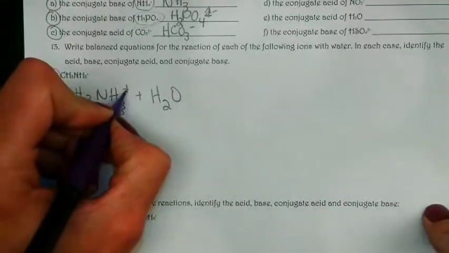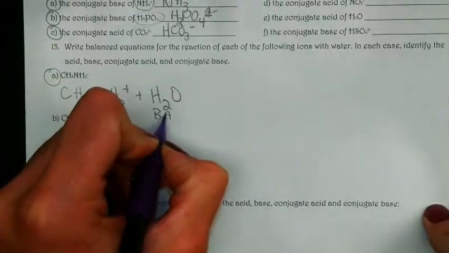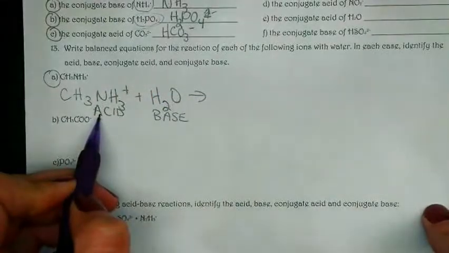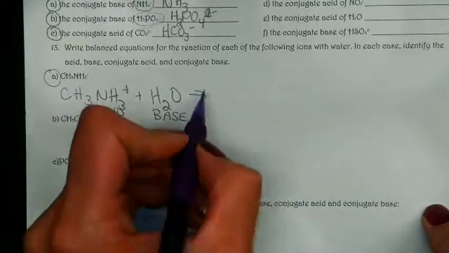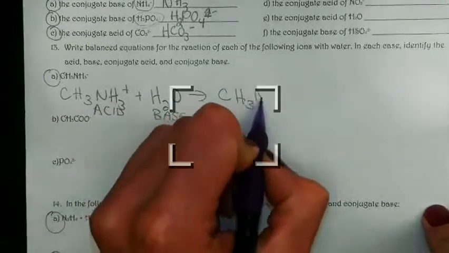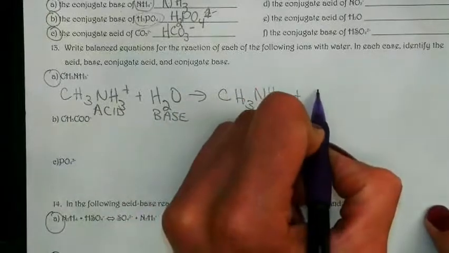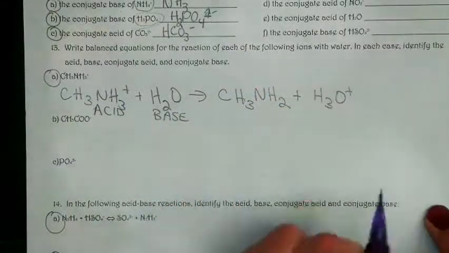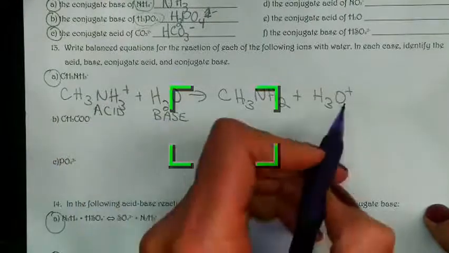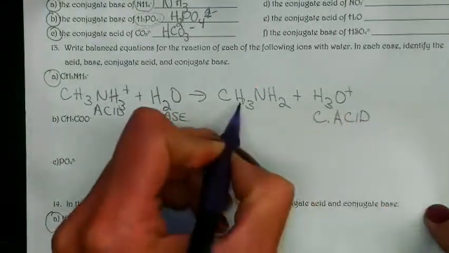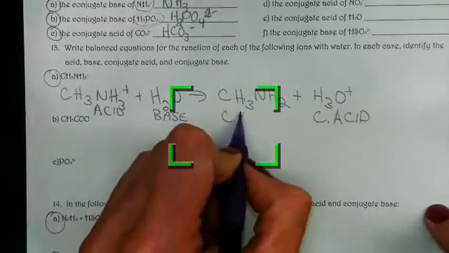So that's going to want to give away a hydrogen, and that means the water is going to act as a base. And so because this is acting as an acid, it's going to give away a hydrogen. So it's going to be CH3 and H2, and now that plus is going to be gone. And then this is going to be H3O+. So the water is acting as a base because it's accepting a hydrogen, which means over here it's going to be the conjugate acid, and right here is our conjugate base.